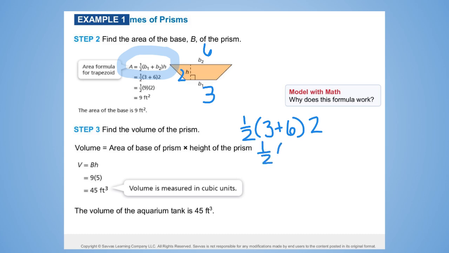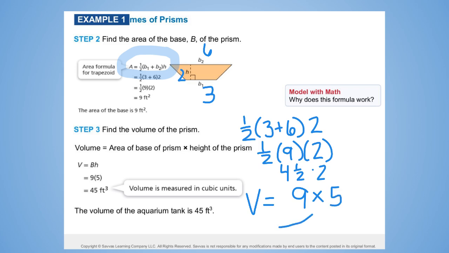So half of 9 times 2. Well, half of 9 is 4.5, times 2 gives me right back to 9. So we take the area of the base, which is 9, times the height of the entire tank, which is 5, and that's how they got the 45 cubic feet of volume for this fish tank.